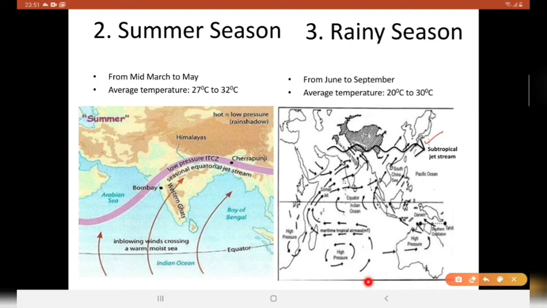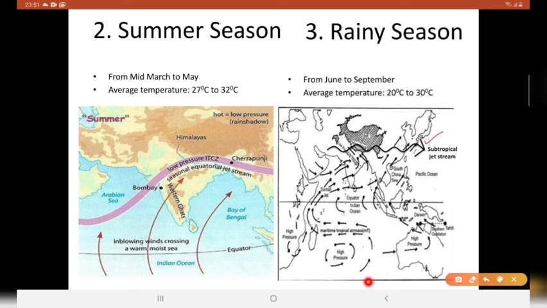Since pressure belts are shifted north during summer season in the northern hemisphere, the southeast trade winds of the southern hemisphere cross the equator and enter the northern hemisphere. But after crossing the equator, they become southwesterly due to Coriolis force, and this was explained by Ferrel.